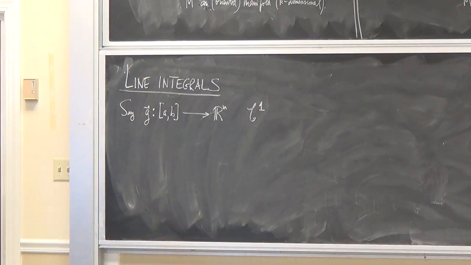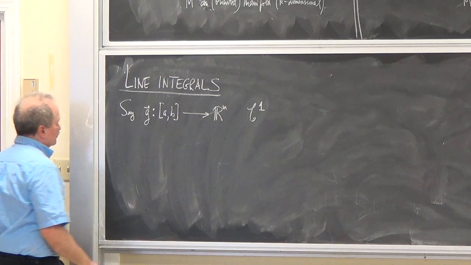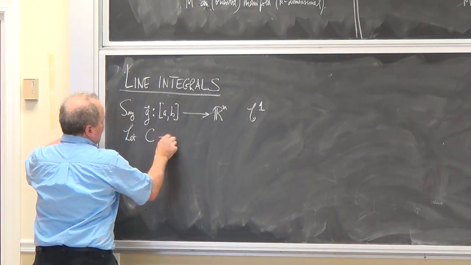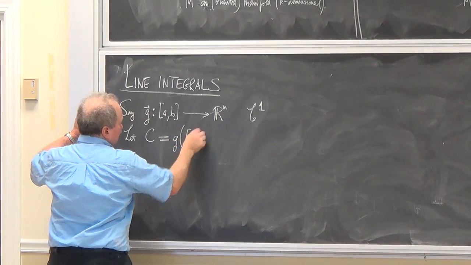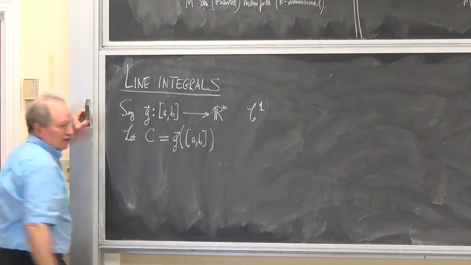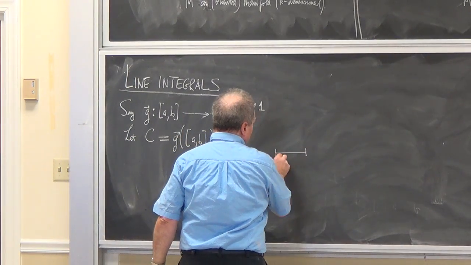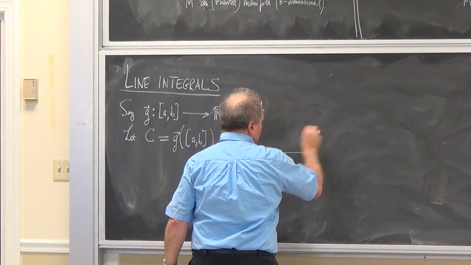So you have a definition. Let's see, the curve that you get by taking this parameterization. This is the kind of thing we were doing last semester when we were talking about parametric equations, for example.